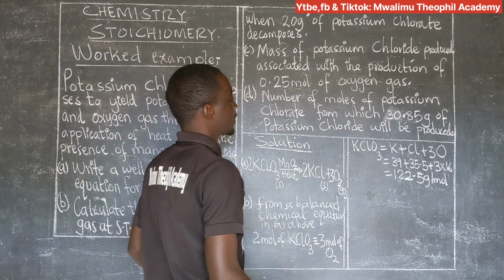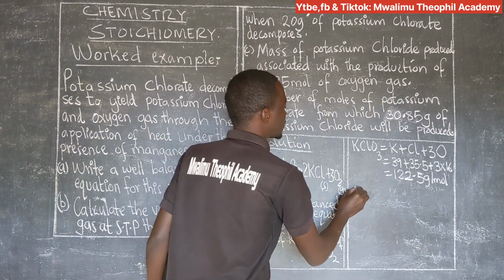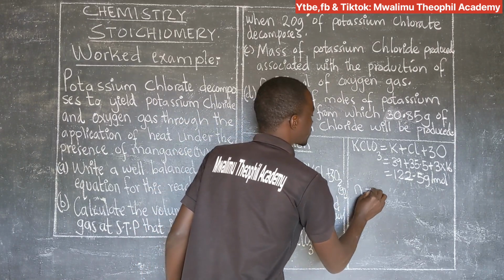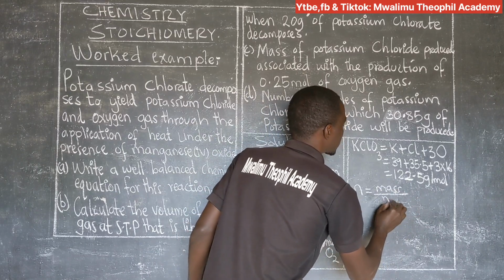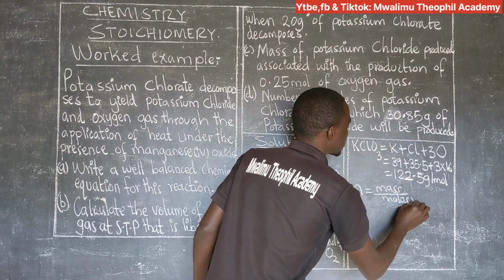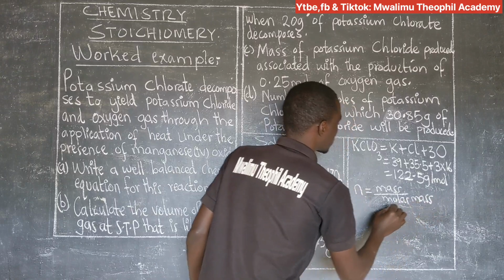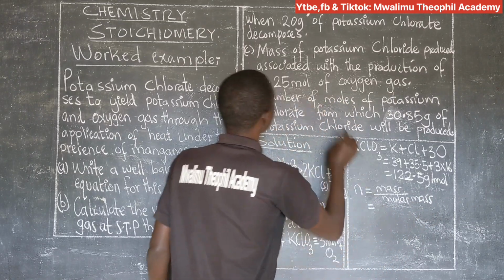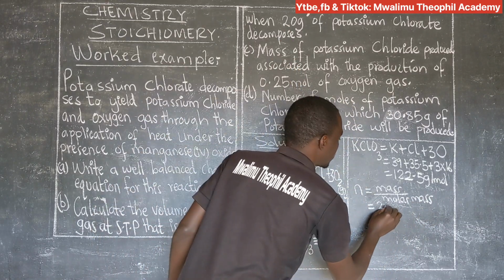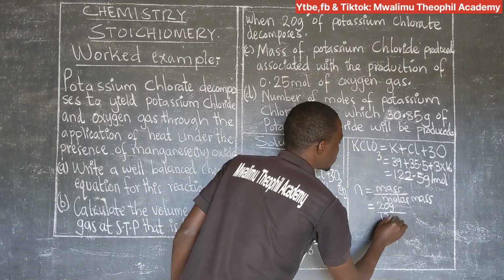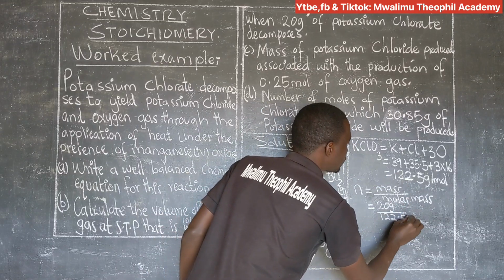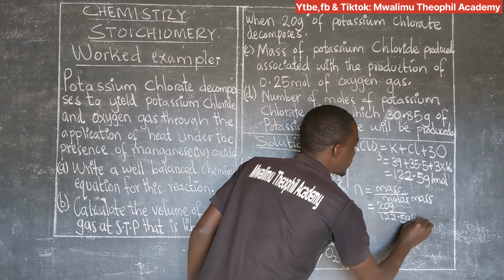So you have to know that number of moles is equal to mass divided by molar mass. Now this will be equal to, we are given mass 20 grams, molar mass obtained 122.5 gram per mole.